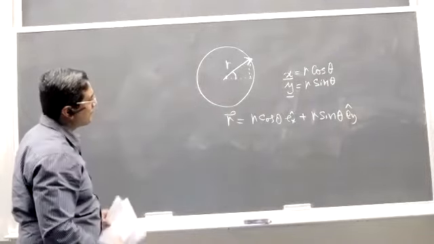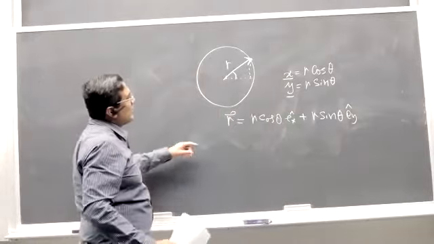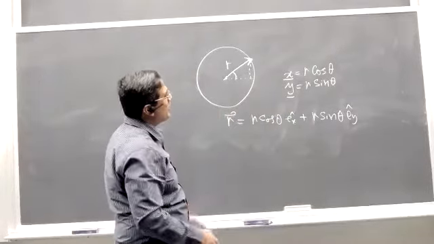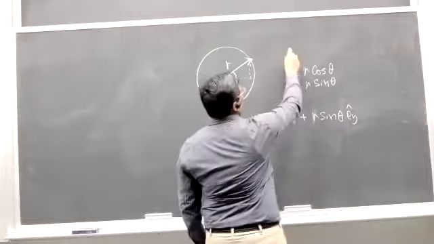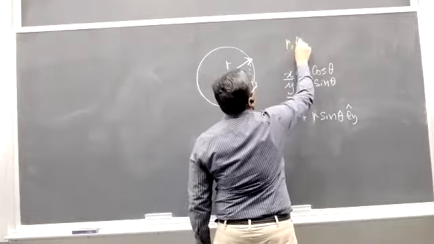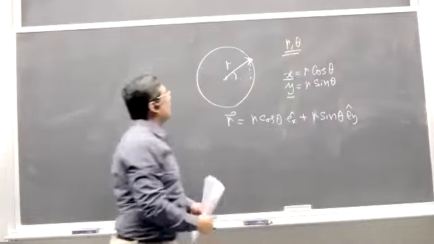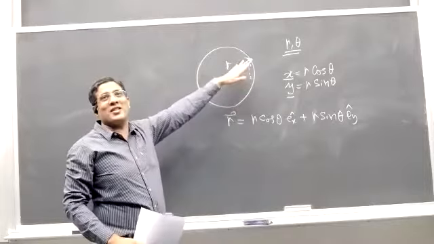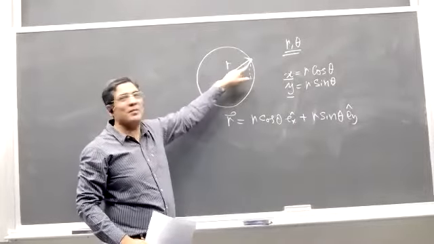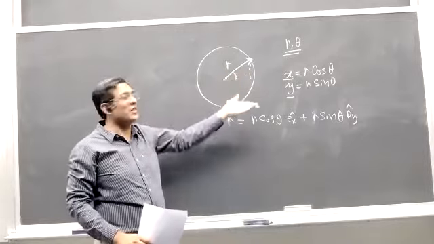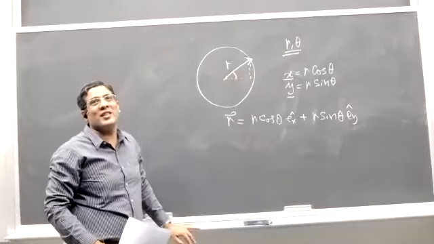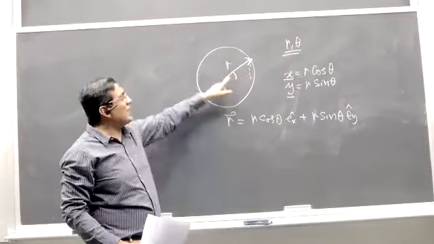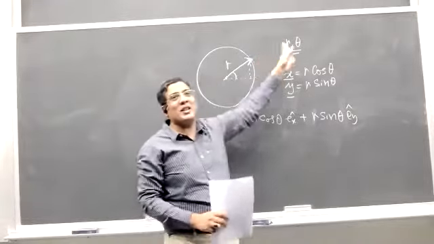But you see that if you work in the r theta coordinate system, r, the scalar, the magnitude of the position vector, always remains constant. And we can get away with equations for just one variable, theta.